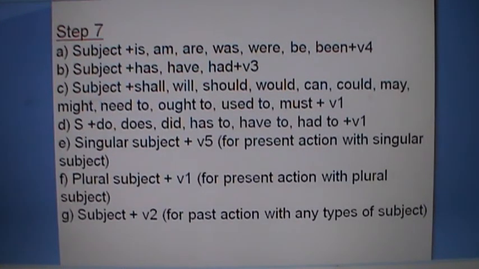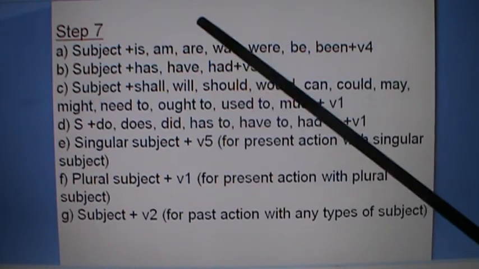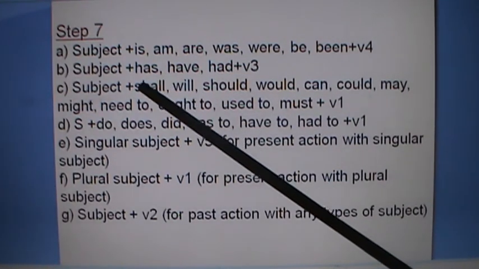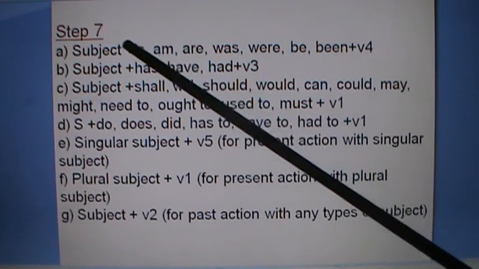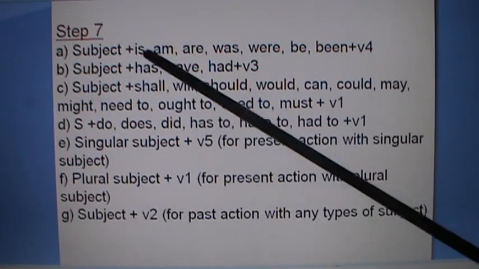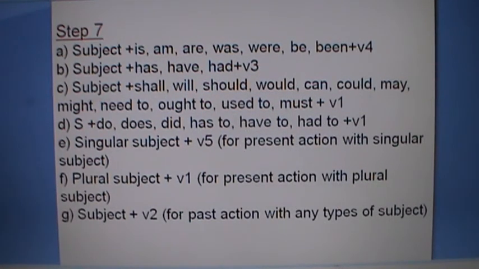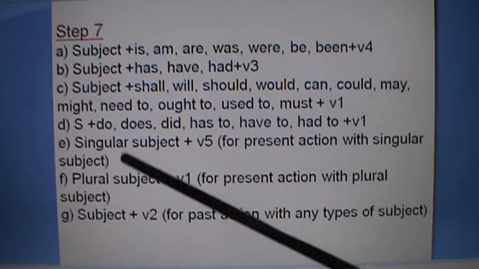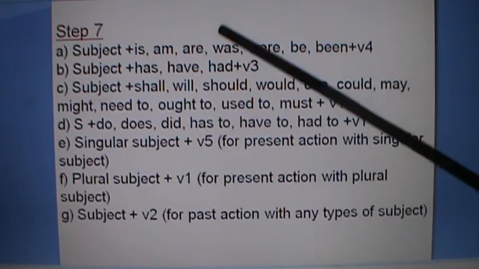Up to step 6 we are able to choose whether to put verb 1 or verb 5. Now step 7, this format will help us choose where to use verb 1, verb 2, verb 3, verb 4 and verb 5. It will help us choose all the forms of the verb.